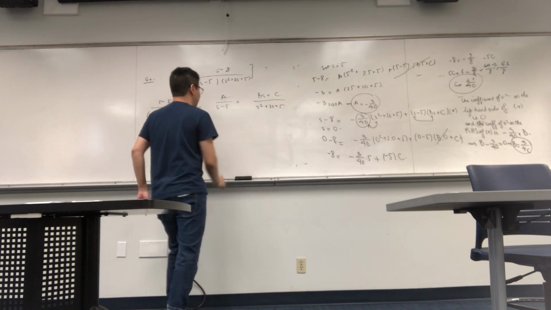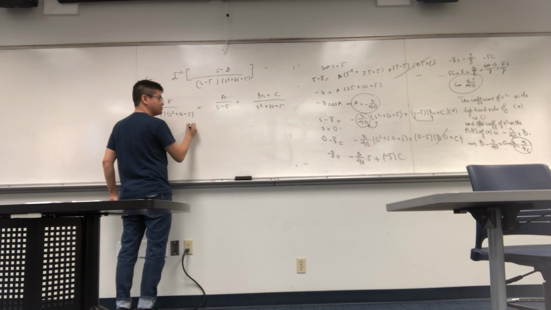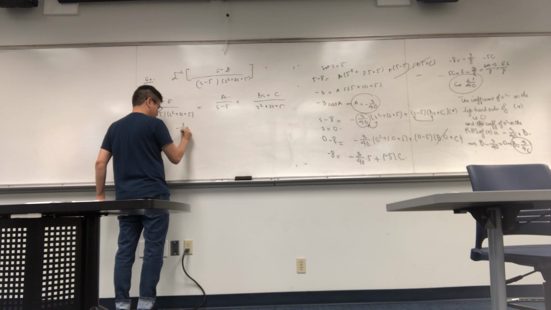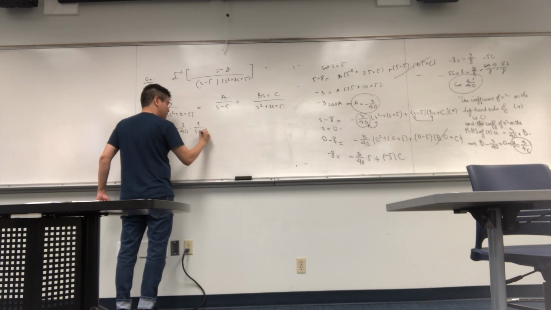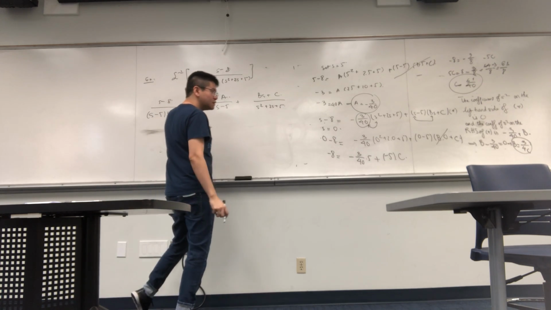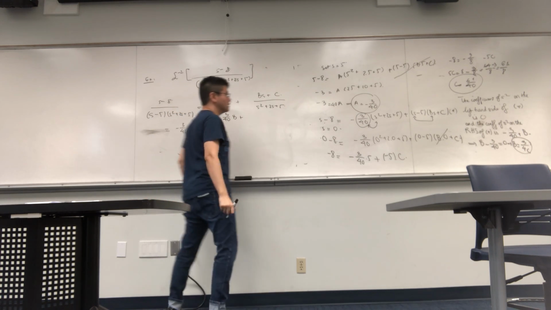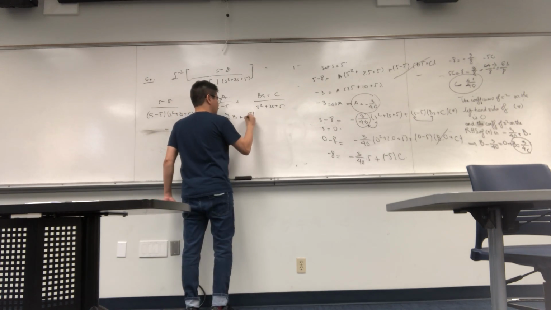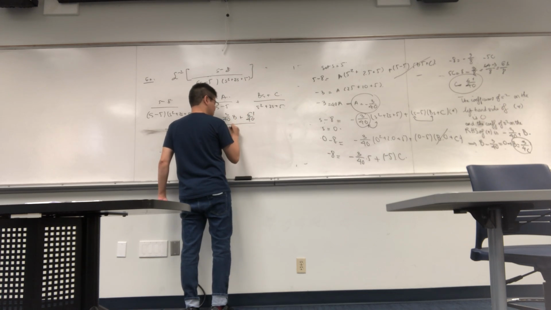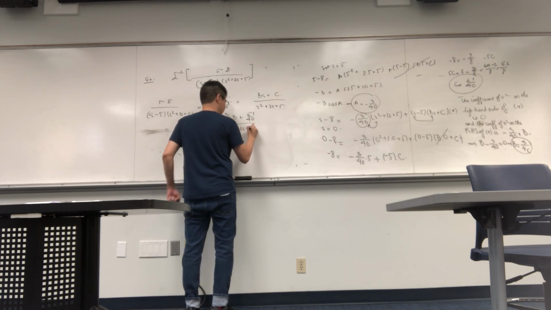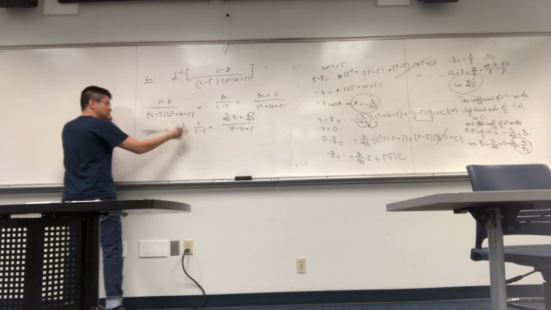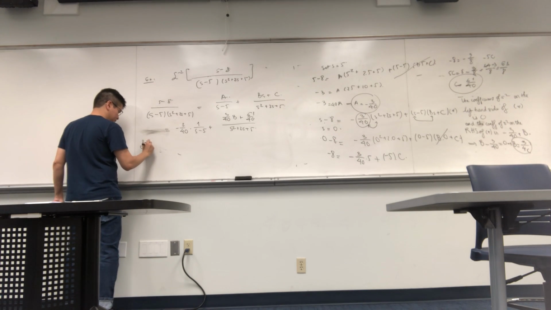We plug everything back to this form, right? So you have minus 3 over 40, 1 over s minus 5, plus 3 over 40 s plus 61 over 40 over s squared plus 2s plus 5. All right? Now you have to compute the inverse Laplace transform.